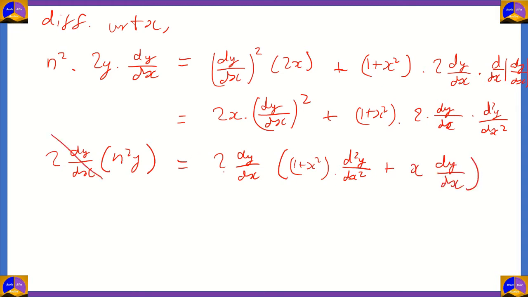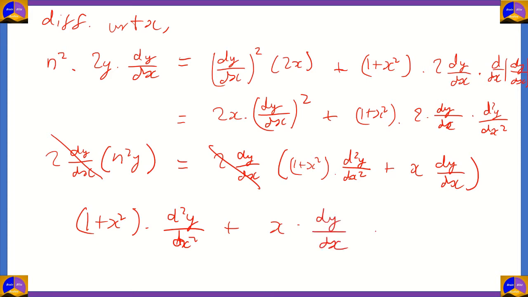Now 2 dy by dx is common, so we cancel that out. So therefore finally you get the expression 1 plus x squared times d squared y by dx squared plus x times dy by dx equals n squared y.